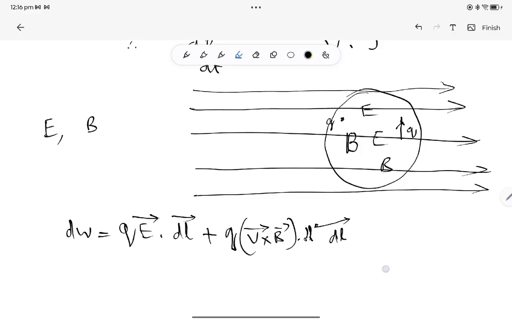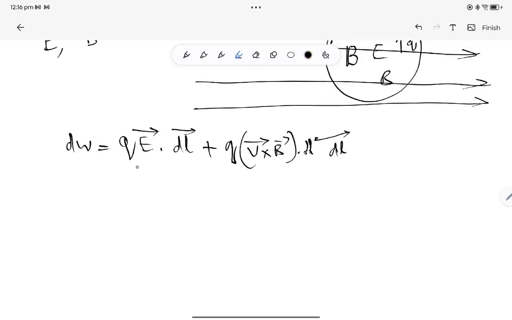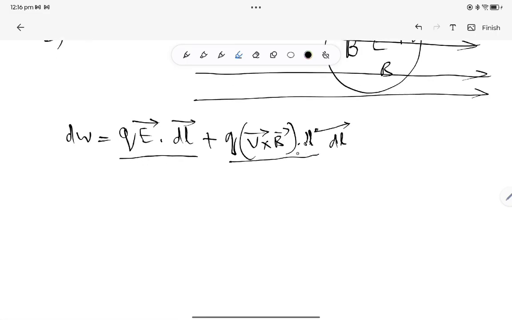Now, this is the work done by the electric force, and this is the work done by the magnetic Lorentz force. It is an interesting fact that the magnetic Lorentz force does not do any work. Strange it may seem, but we will discuss it after some time, and you will find that this is quite interesting. At this stage, we will avoid it deliberately.